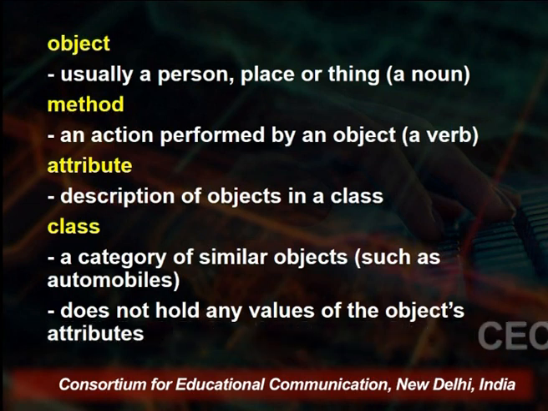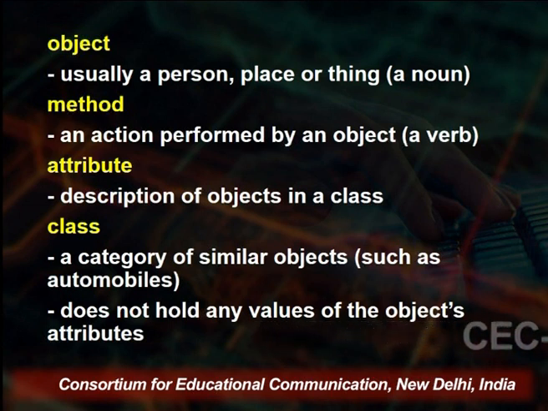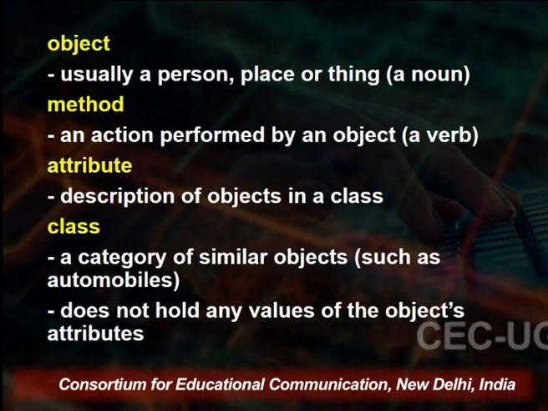Now in order to understand this whole concept, let us take an example of a car. So a car is a real world entity, and this real world entity can be modeled in the form of an object. Now what could be the attributes of this car? It could have a color, an engine capacity, a seating capacity, and the model.